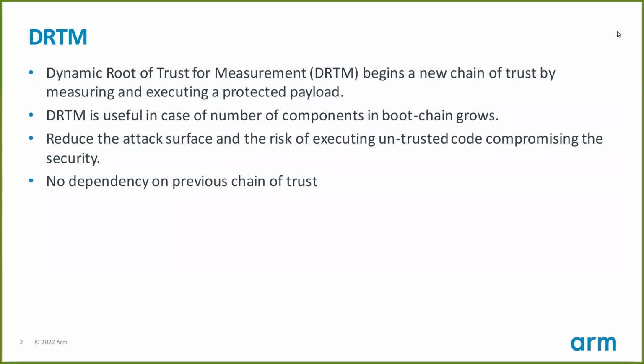It also reduces the attack surface and the risk of executing untrusted code, and hence is able to stop compromising the security. And finally, it does not have any dependency on previous chains of trust, so we can start it at any time during the life cycle of a system.